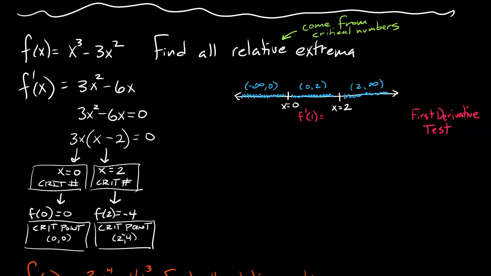And as long as you can figure out if it's positive or negative, that's all we care. So if I were to plug 1 into the first derivative, I'd get 3 minus 6, which is negative 3, which means this is a negative slope, which would mean this section is decreasing.